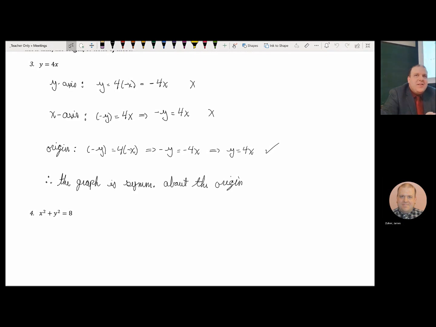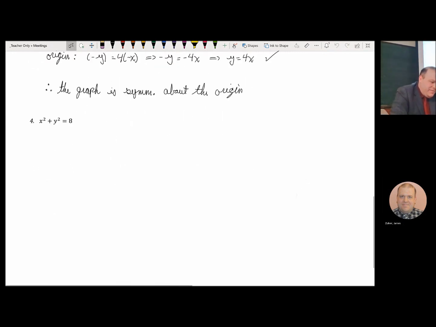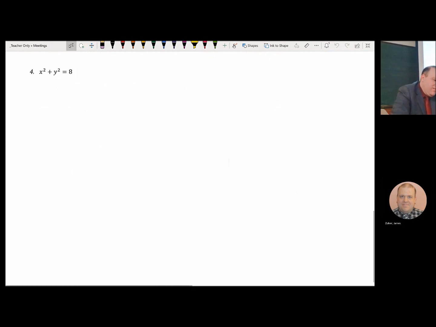It's a circle x squared plus y squared equals r squared if it's centered at the origin. With radius root 8, because the square of the radius is 8 in this case.